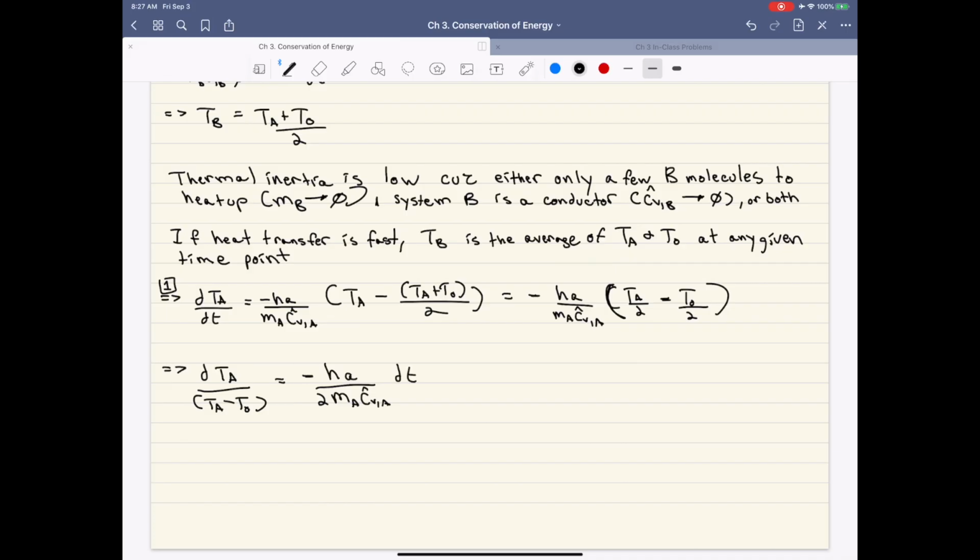dt. So follow the same steps as part B. Okay.